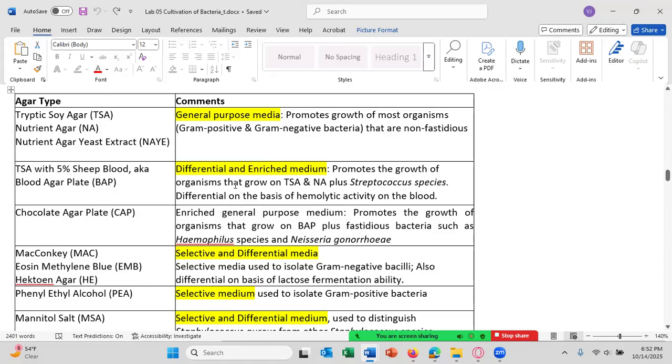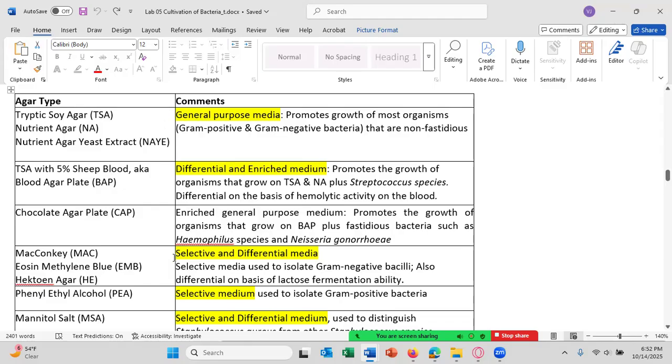So that's why it's differential. And then we have CAP or chocolate agar. It is an enriched general purpose media, promoting the growth of bacteria that would not grow on a general purpose media. CAP is not differential, by the way.